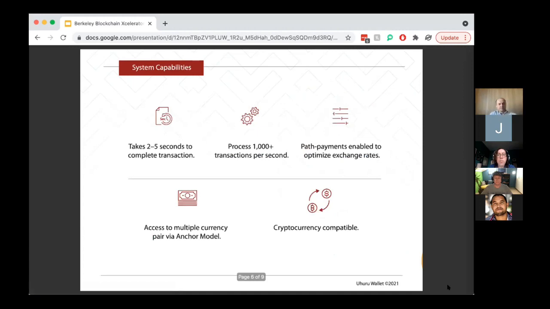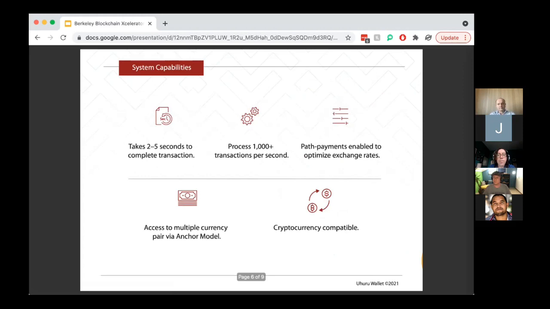And really, our system is so capable, of course, Stellar enabled. It's capable of doing a transaction within 2 to 5 seconds, and we can do as many as 1,000 plus transactions per second.